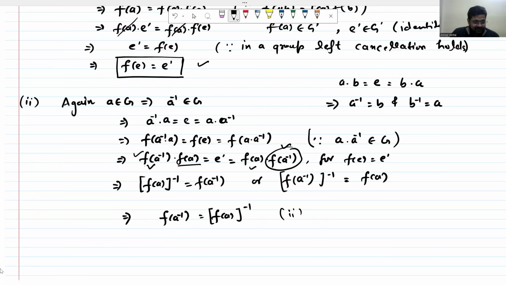So I think you can also prove another thing, the second theorem. This is your home assignment.